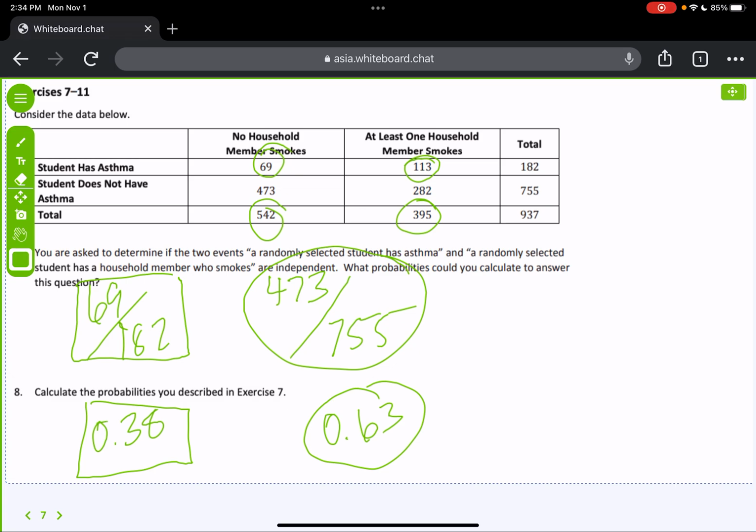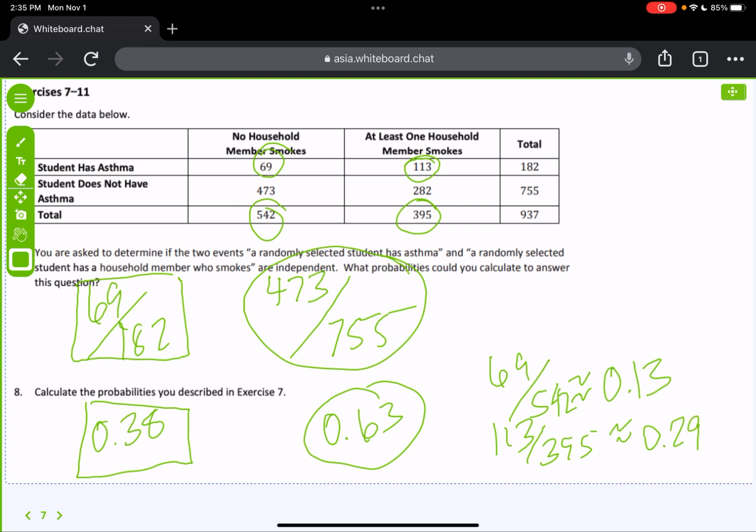Okay, so let's do that. And we would have 69 out of 542, and that is about 0.4213. And then if we did 113 out of 395, that is about 0.29.